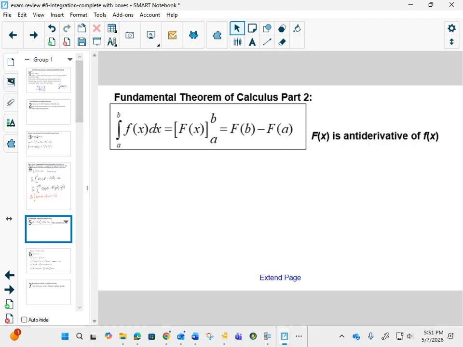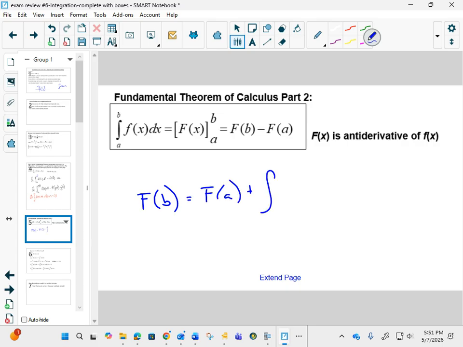Here's the fundamental theorem of calculus part 2. In the fundamental theorem of calculus part 2, we often use it in accumulation of change questions.